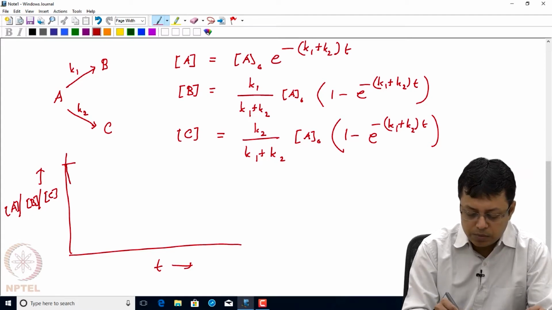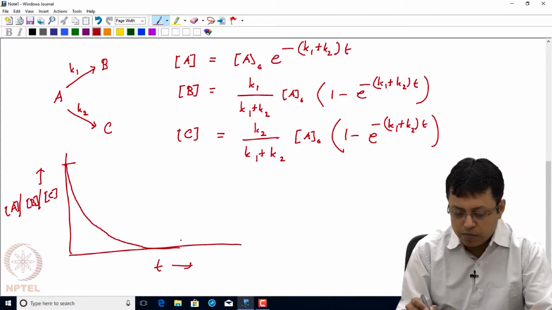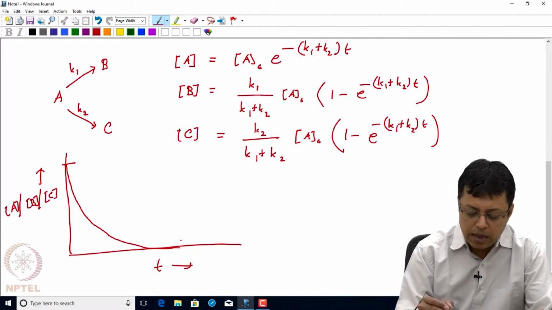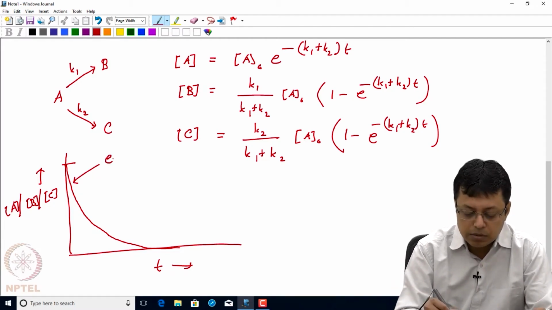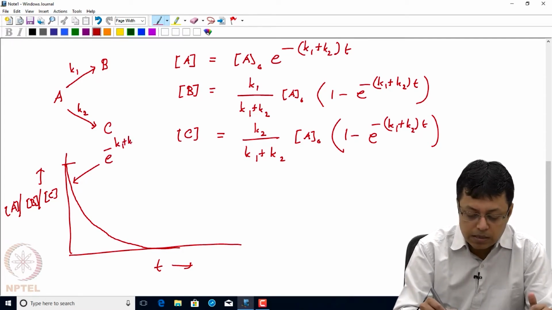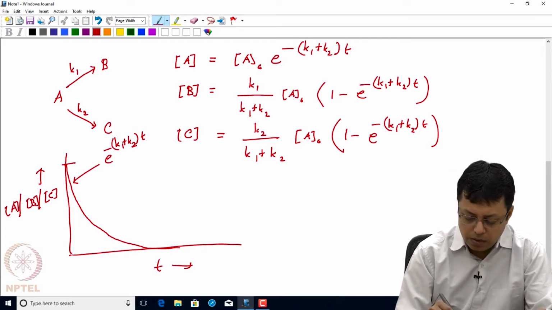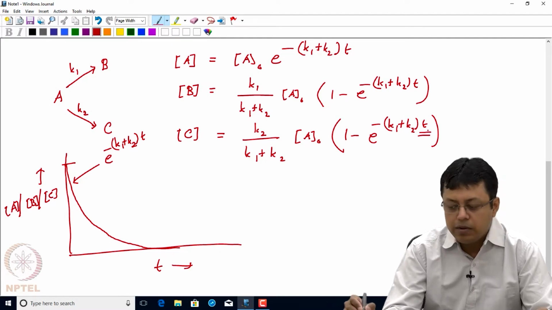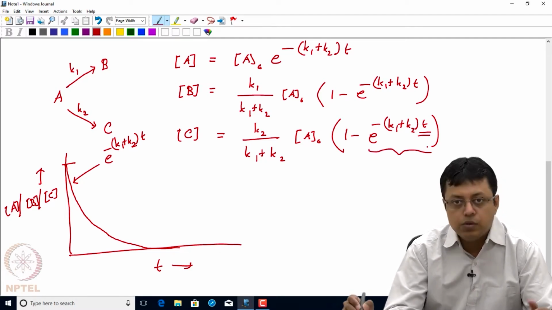It will have an exponential decay and it will go to 0, of course, because it's an irreversible reaction. But remember that it falls with a time constant which is not k1 or k2, it is actually k1 plus k2. Now B and C will grow, and eventually, if I make this time infinity, this part goes to 0.